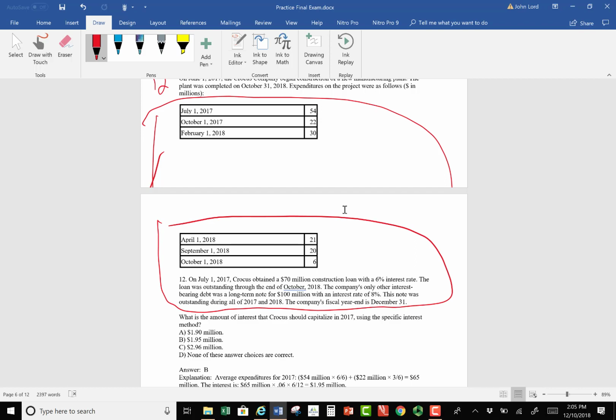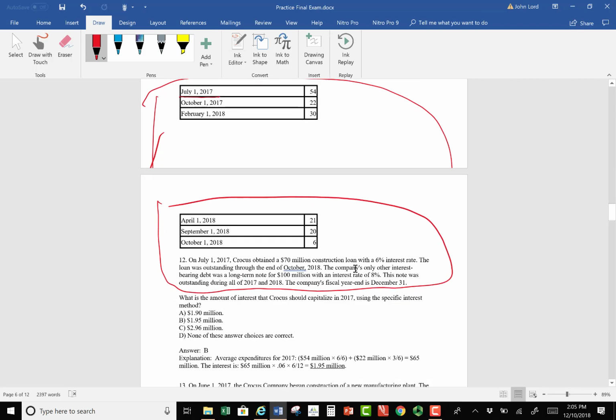All right. So they want to know what amount of interest should be capitalized. Now, notice they started this project in July. So July 1st to December 31st is how many months? 6 months. So what happens? They take that 54 million and multiply that by 6 because that was outstanding for the full 6 months of which construction had begun, right? It's during the period that construction's been going on.